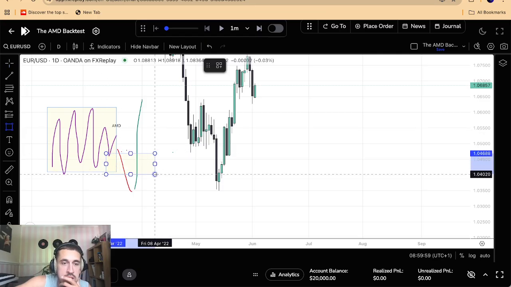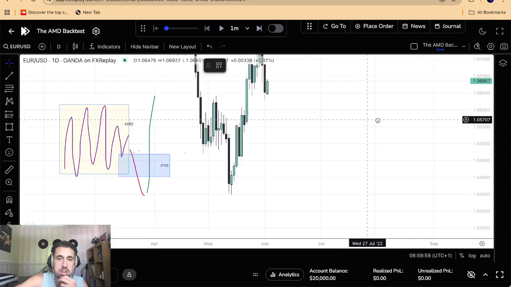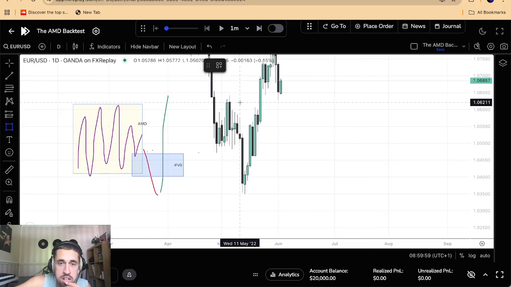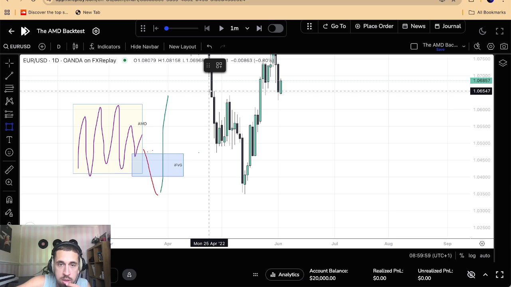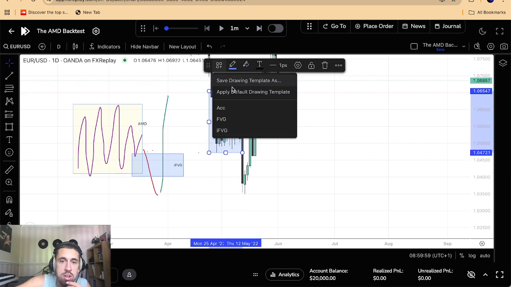Then you'll have a gap in between there, just like that. And guess what? There's one right here. So from this high to this low, accumulated. Price went sideways.